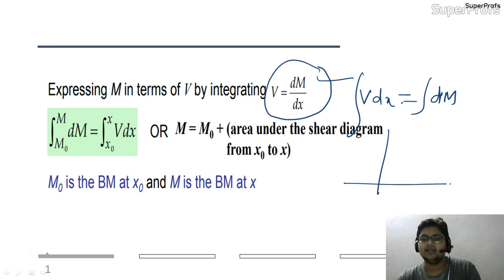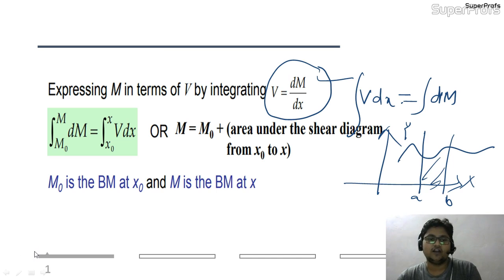If this is my arbitrary curve in x and y direction, and this is my arbitrary shear force diagram, and if I am asked to find the bending moment between these 2 points, we will directly find the integral of this function.